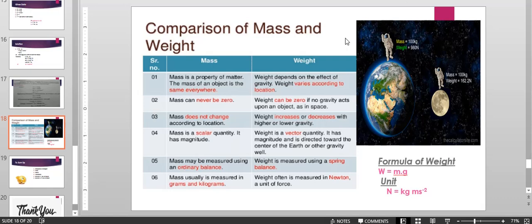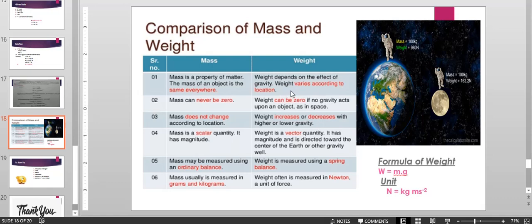Now let's discuss another topic, which is last but not the least: comparison of mass and weight. The first difference between these two is that mass is a property of matter. The mass of an object is the same everywhere, whereas weight depends on the effect of gravity. Weight varies according to the location.